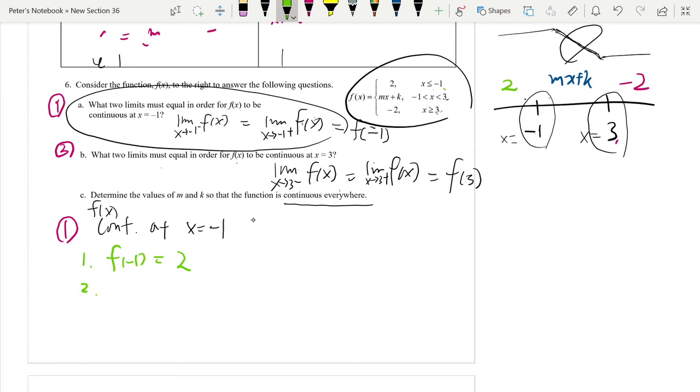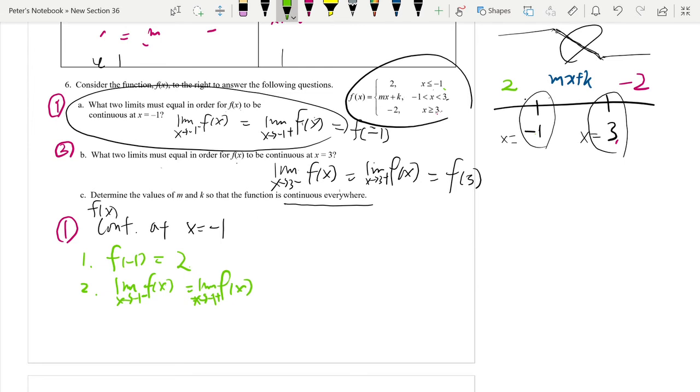And the second portion is I need to find the limit, right? The limit of f of x as x approaches -1 from left-hand side, and the limit of f of x as x approaches -1 from right-hand side. And they should equal to each other to have the limit exist as x approaches -1, right?